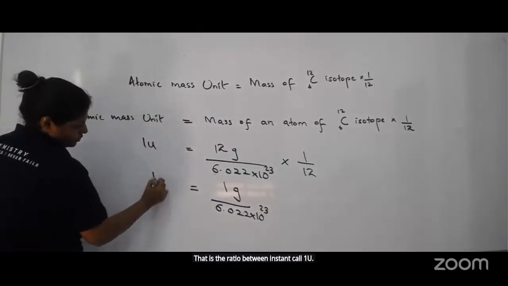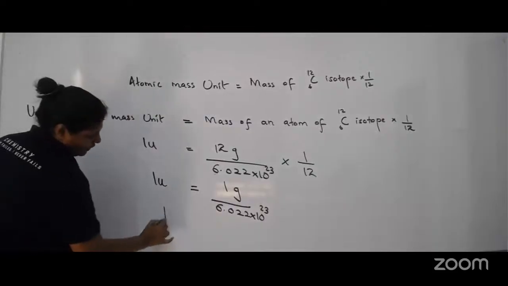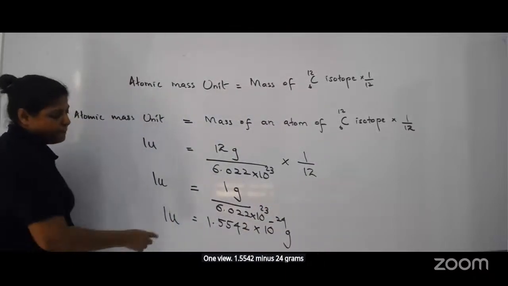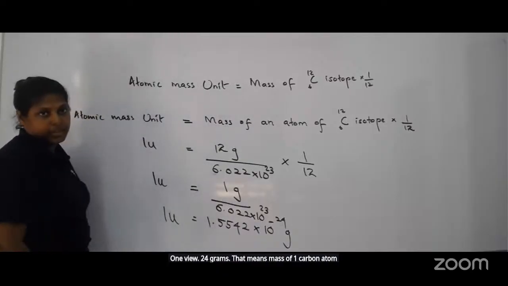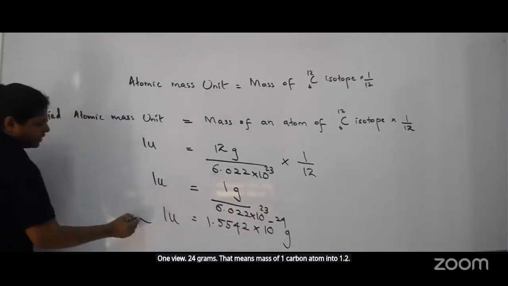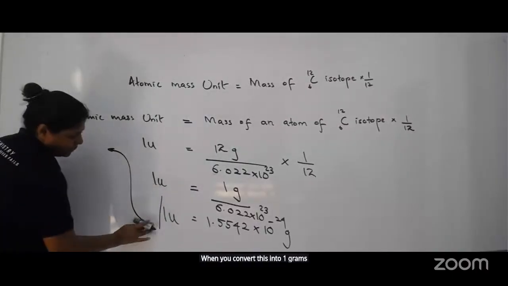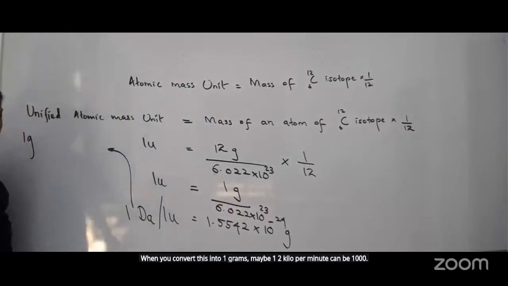1 U will be 1.66 into 10 to the power minus 24 grams. That means the mass of one carbon atom into 1/12. This is also called 1 Dalton, Dalton units.